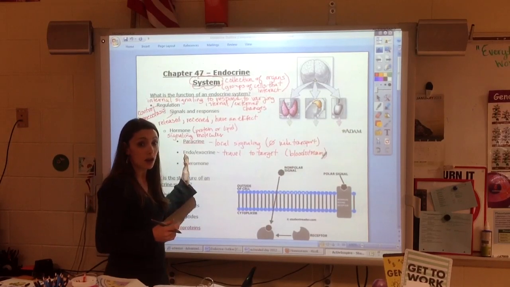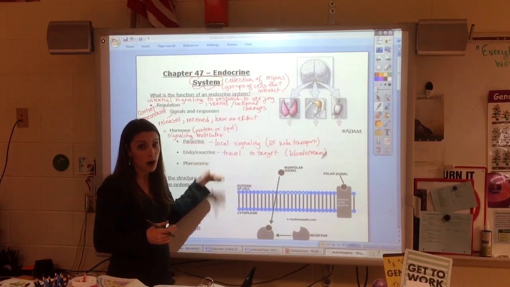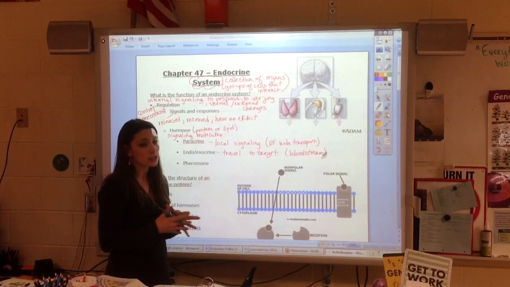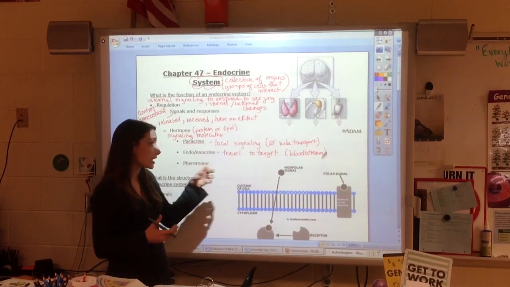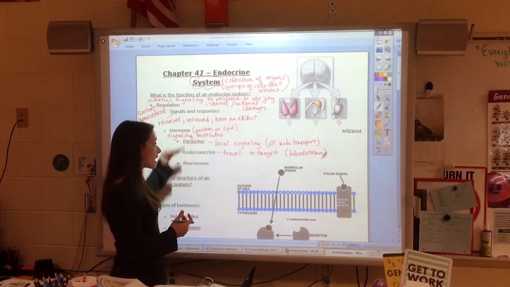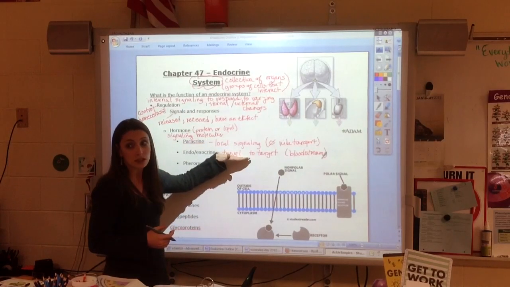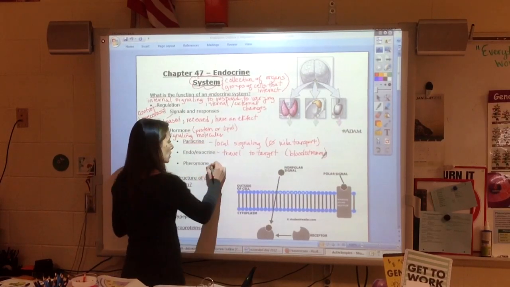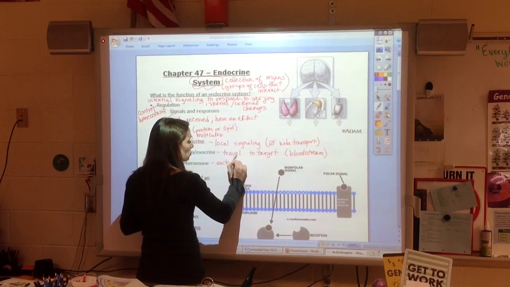Endocrine do not require a duct, and exocrine do require a duct. Basically, it's just how is it released from the gland itself, and we don't really need to worry about that as much as, is it a local signal, is it a long-distance signal, and pheromone is actually an external signal.